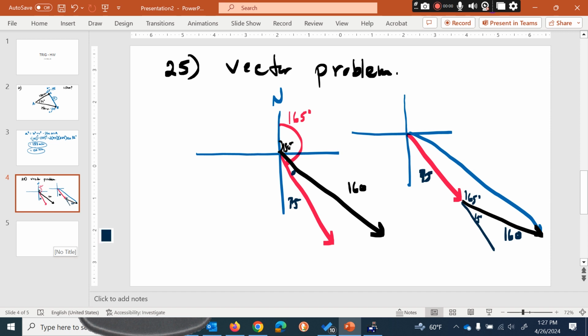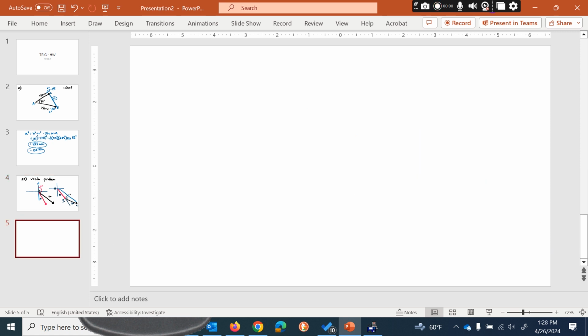So I'm going to label this again as A, B, C. What we need to do is find little b this time. So let's go with b squared is equal to a squared plus c squared minus 2ac cosine of B. All right, plugging in.